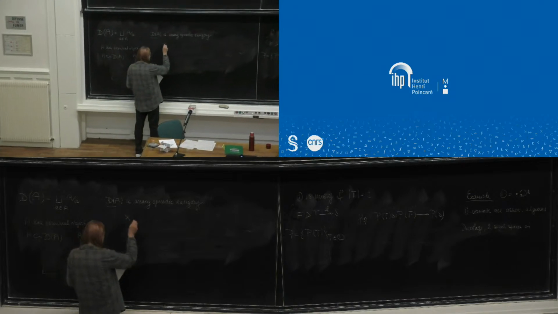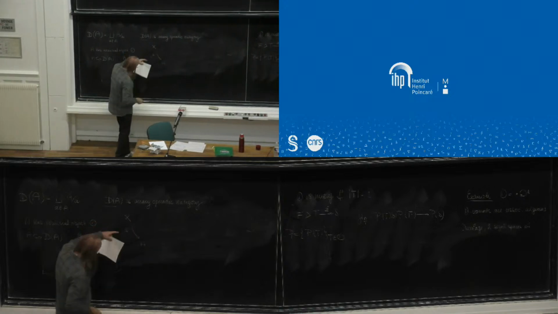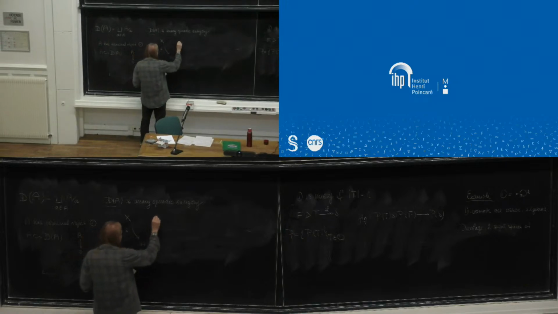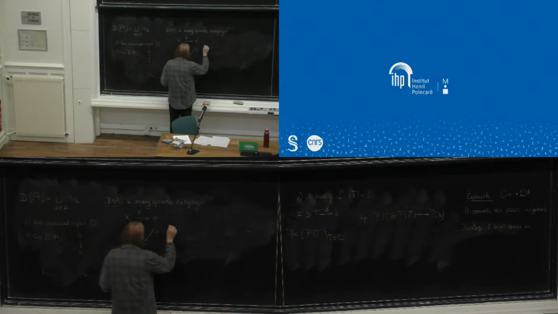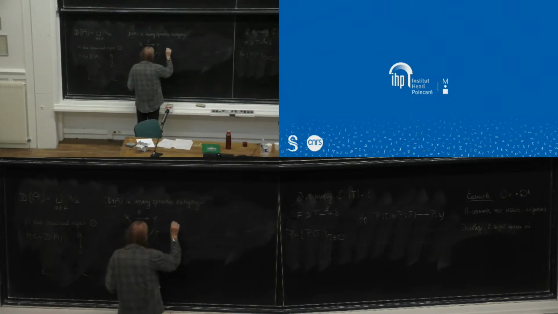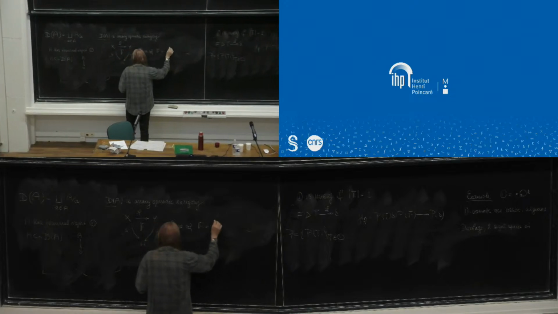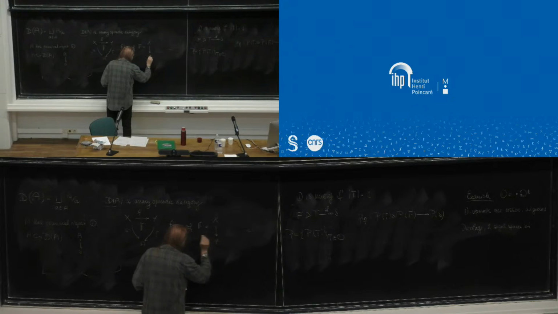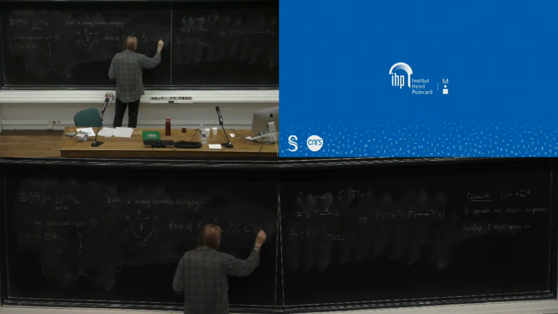So what is a map in this décollage? A map of an object, which is a map from X to A, into another object, let's say T from Y to the same A, is some F such that this diagram commutes, and I say that the fiber of F is this little f, which is now interpreted as an object of A over Y, which is a subcategory of this décollage.